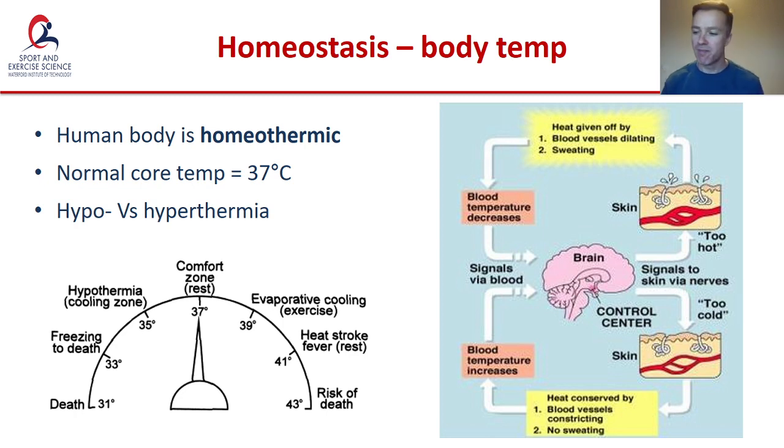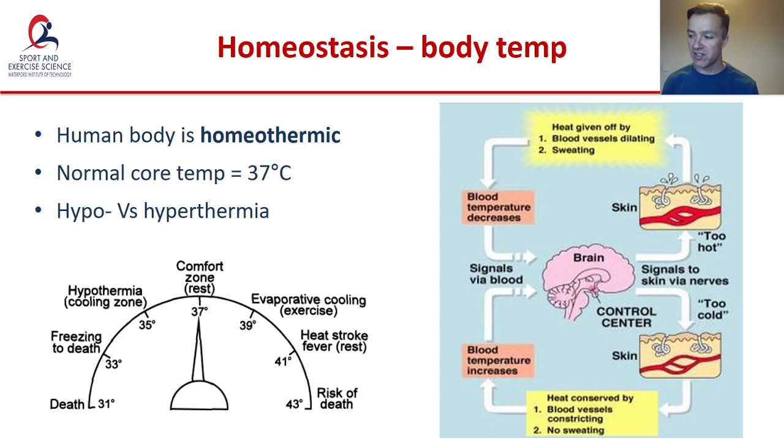So let's go back and just recap briefly. We said there were 3 elements in a biological control system. We have a sensor, a control center, and an effector. For temperature regulation, there are thermal receptors located throughout the body which sense changes in body temperature.